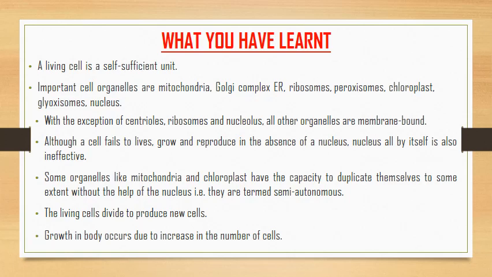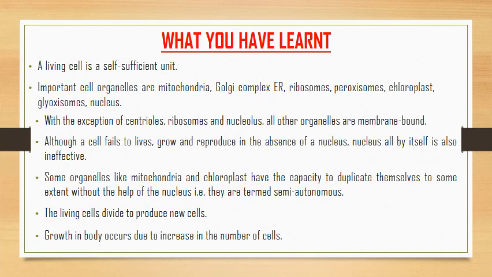Although a cell fails to live, grow and reproduce in the absence of a nucleus, the nucleus all by itself is also ineffective. Some organelles like mitochondria and chloroplast have the capacity to duplicate themselves to some extent without the help of the nucleus. They are termed semi-autonomous.